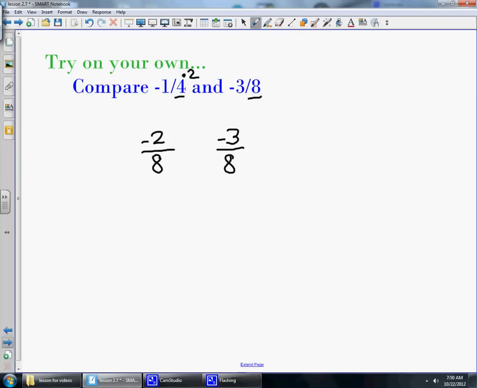So we have -2/8, and that would be greater than -3/8. So if we go back to the original fraction, -1/4 is greater than -3/8.